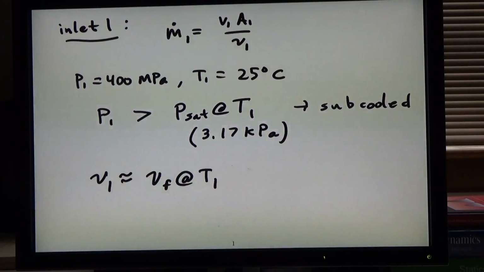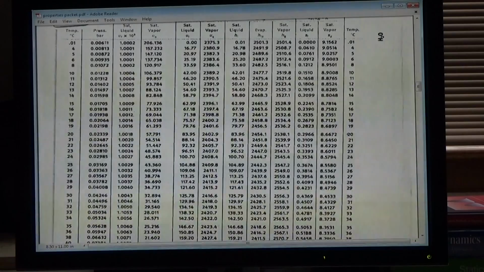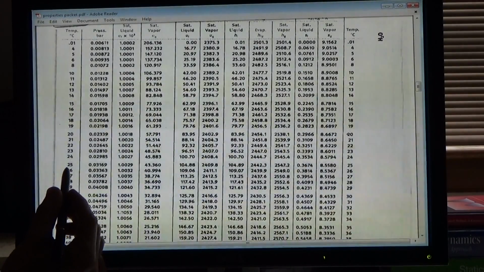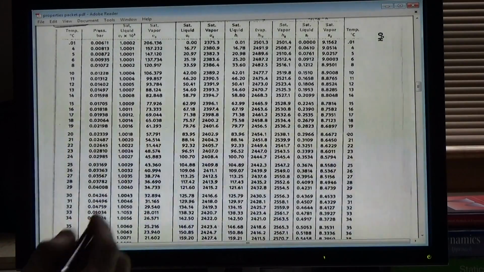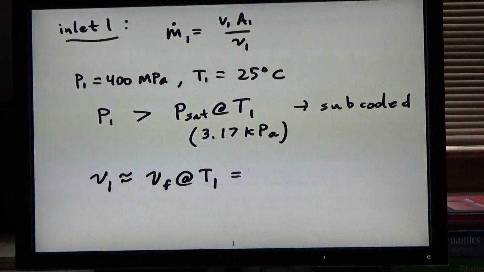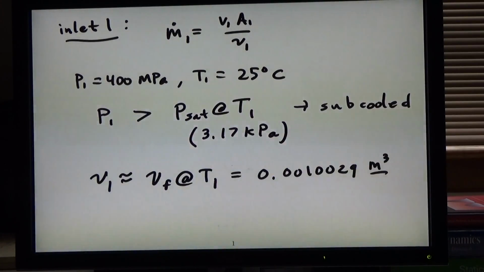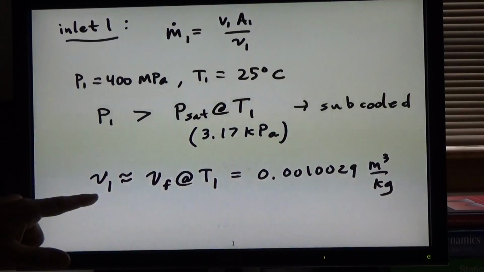So this is the incompressible liquid approximation. We just need to look up v_f at T1. Here was T1, it's 25 Celsius, v_f is 0.001029, and that's in meters cubed per kilogram. So that is our specific volume v1.